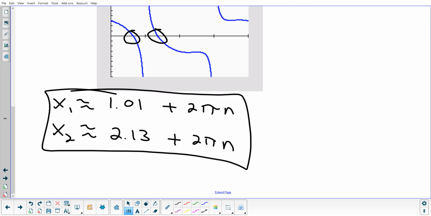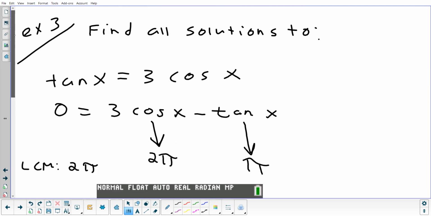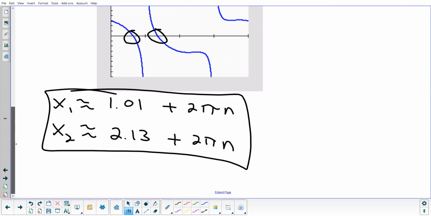Now I wrote it that way because the directions specifically said all answers. If the directions just said find all answers between like 0 and 2 pi, that means you set your window to 0 to 2 pi, and you write down the answers that you see, and that's it. You don't put plus anything on the end.